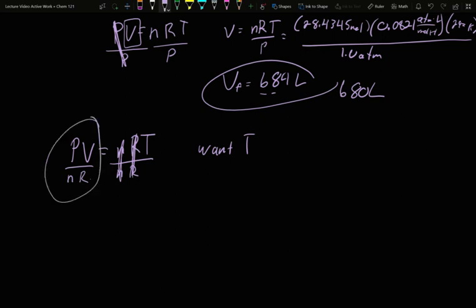So effectively I just move n and R over to the left side. That gives me a version of the ideal gas law that says pressure and volume divided by moles and R will equal my temperature. And we can do this for any of the variables. We just have to rearrange so that we have the one we're solving for on its own. So as long as you know what it is you're trying to solve for, we can use the ideal gas law to find it, as long as we know 3 of the other variables.